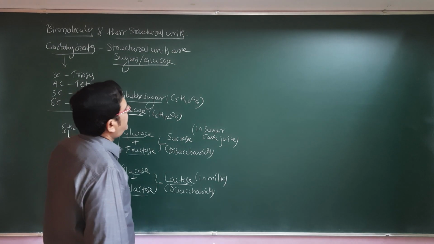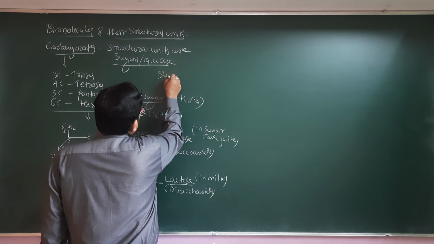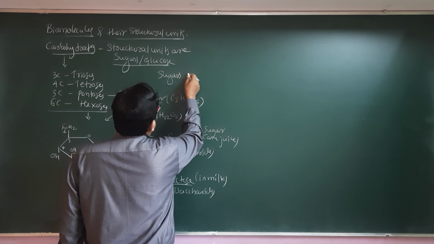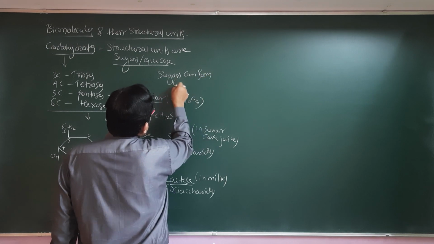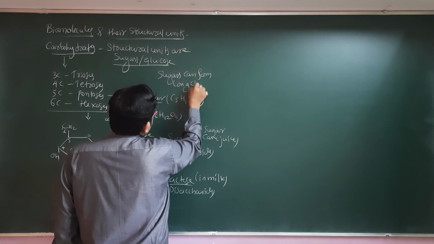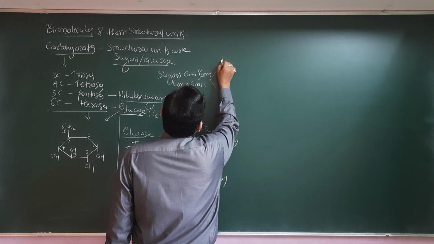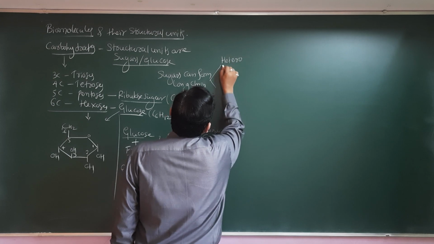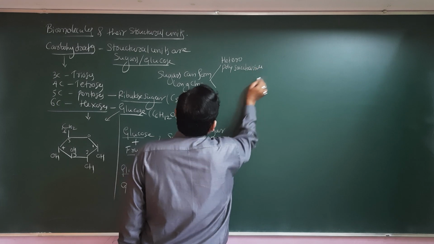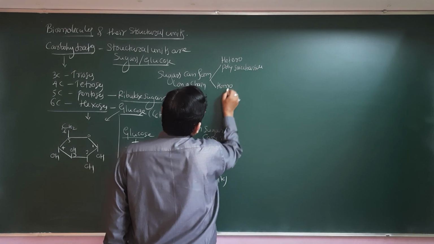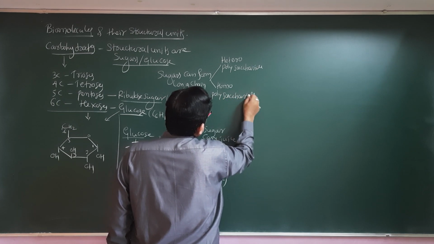So sugar molecules, or the glucose, can form a long chain, and that can become a heteropolysaccharide, and it can become a homopolysaccharide.